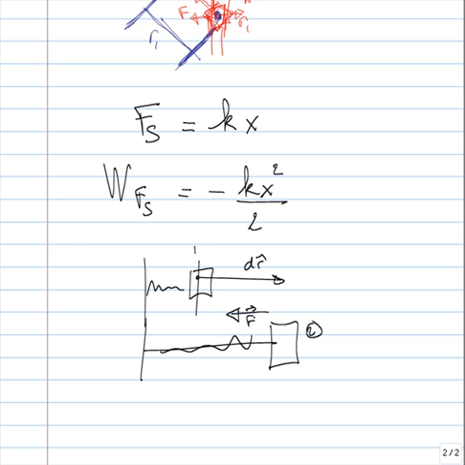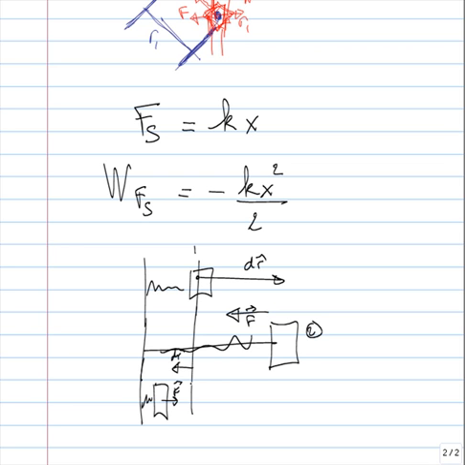Therefore the work done by a spring is always, always, always negative, whether you stretch it or you compress it, because in this case dr is in this direction and F is going to be in the other one. Again, F is opposite to dr, so the work is going to be negative.